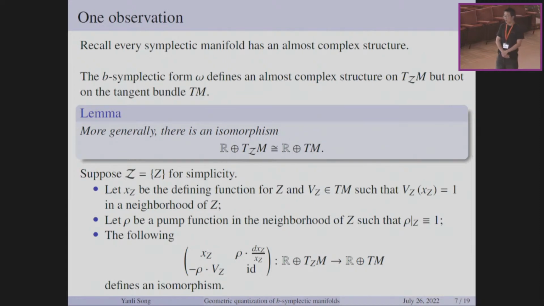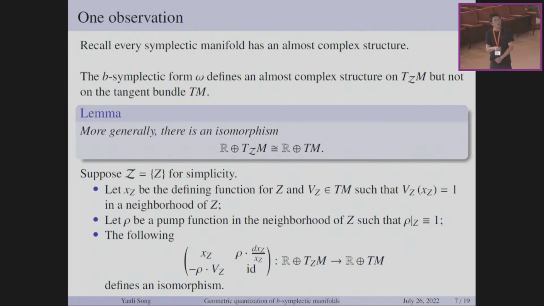In order to get around this, we have one simple observation. The b-tangent bundle and the tangent bundle might be different, even in the two-sphere case. In the two-sphere case, if the hypersurface is given by the equator, the b-tangent bundle will be trivial. And the tangent bundle for the two-sphere is well known to be non-trivial.